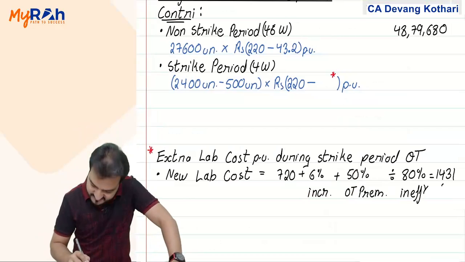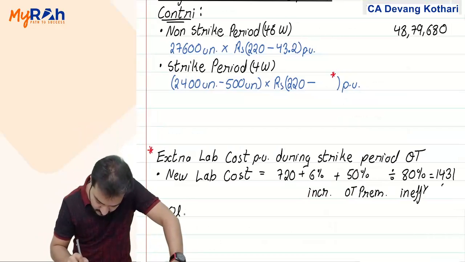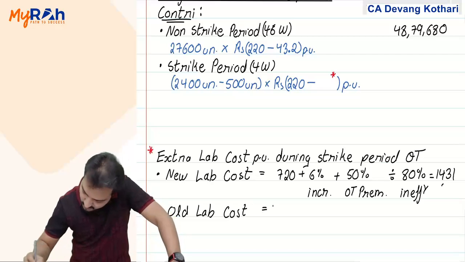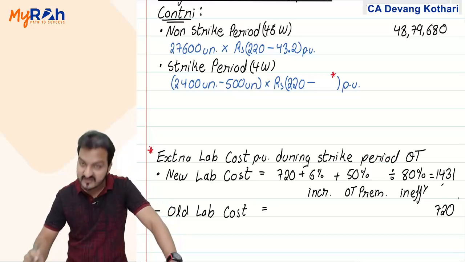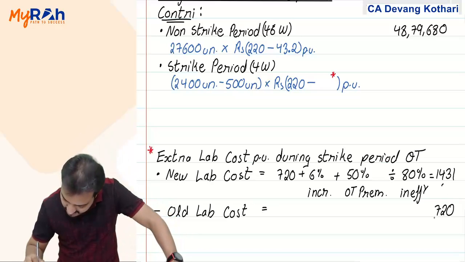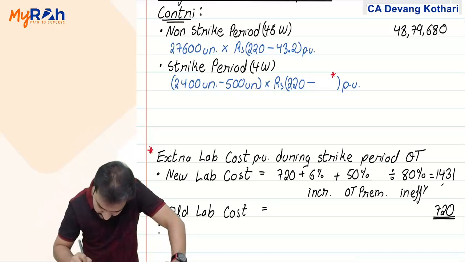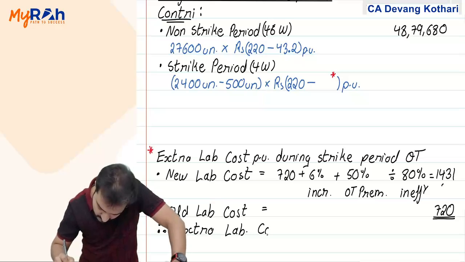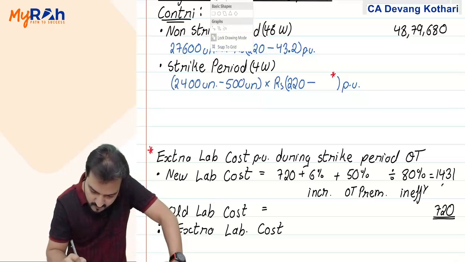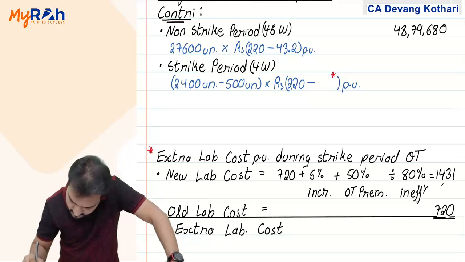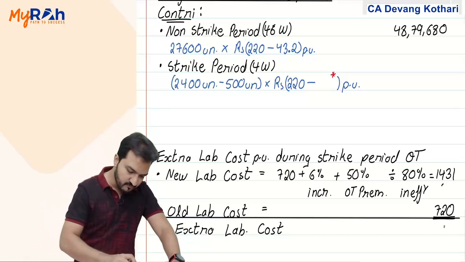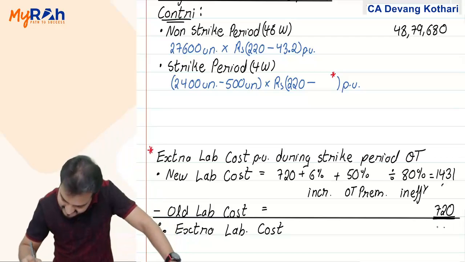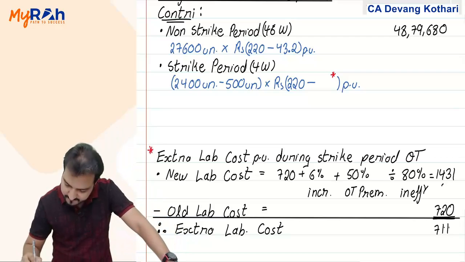That is my new labor cost minus old labor cost. Original labor cost was 720. What is extra labor cost? 1,431 minus 720. Extra labor cost is 711.